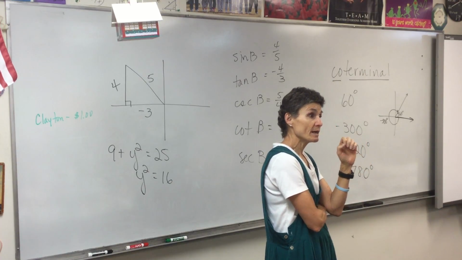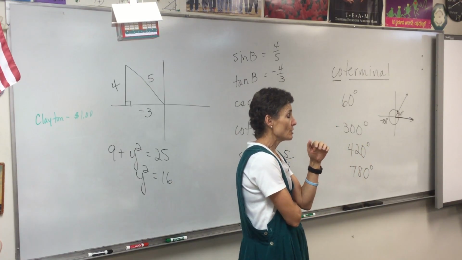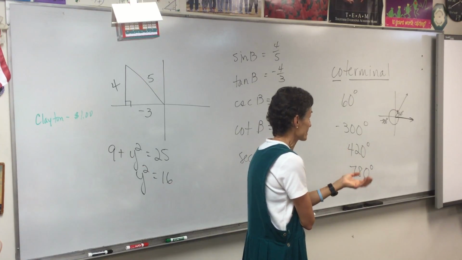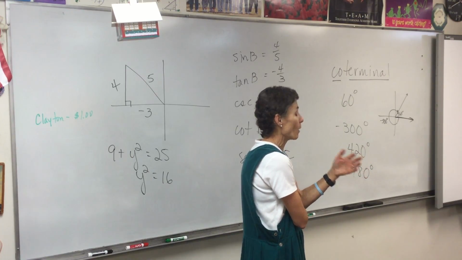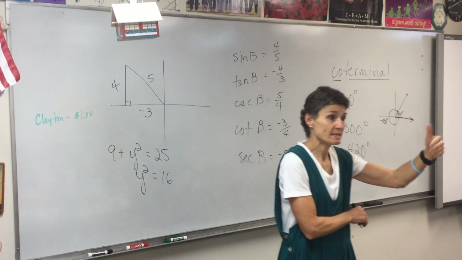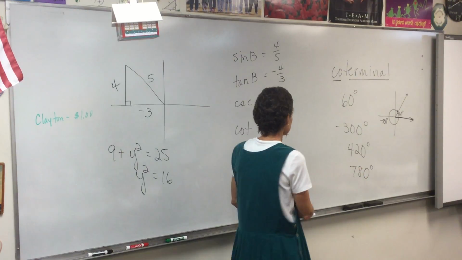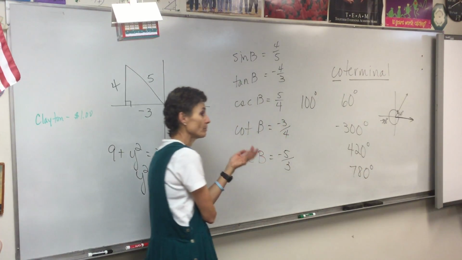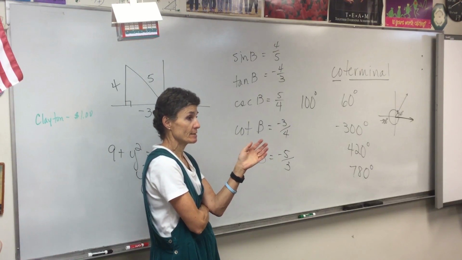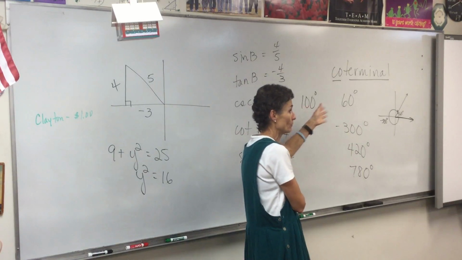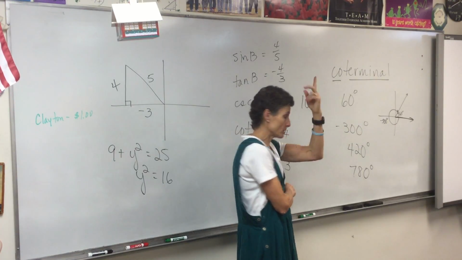If you want to find coterminal angles, you simply add or subtract revolutions. So if I'm in degrees, I'm going to add and subtract 360s. So if I said to you, take 100 degrees, find a coterminal angle for 100 degrees. Well, what would be one coterminal angle for 100 degrees? 460.